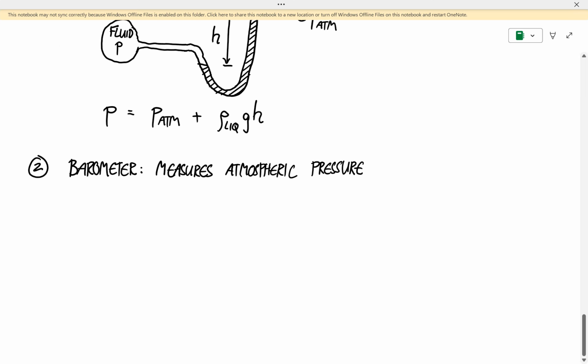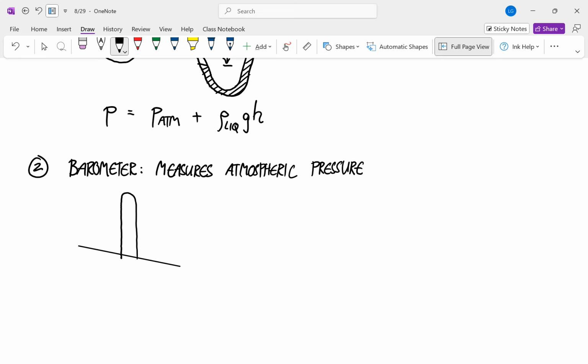The way this one is configured is you have a column like that, sitting in a dish.